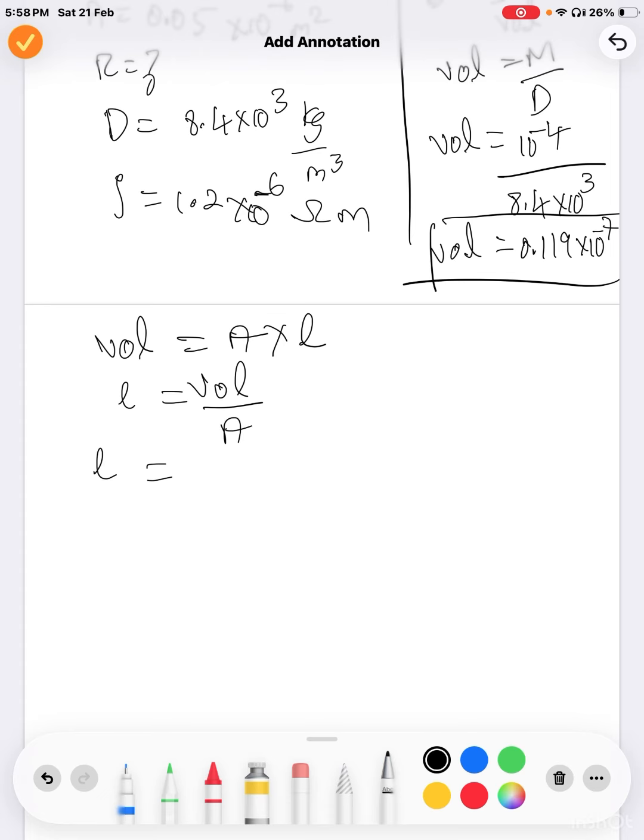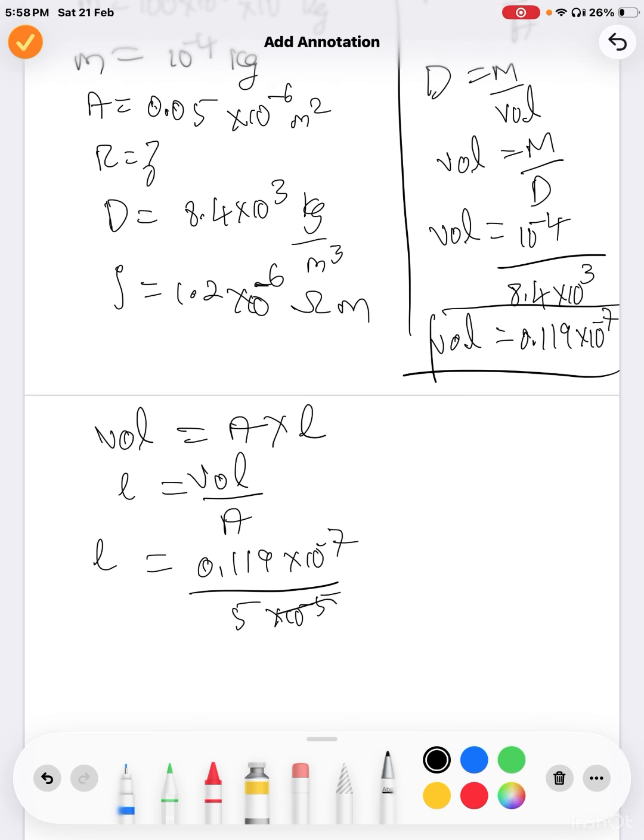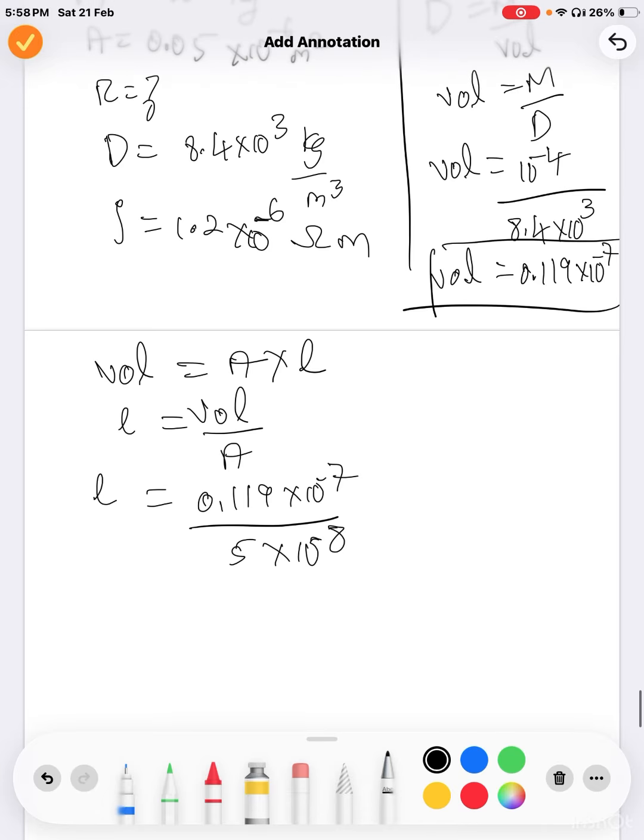So length is equal to 0.119 times 10 to the power of minus 7, and the area of cross section they gave 5 into 10 to the power of minus 8 meter square.